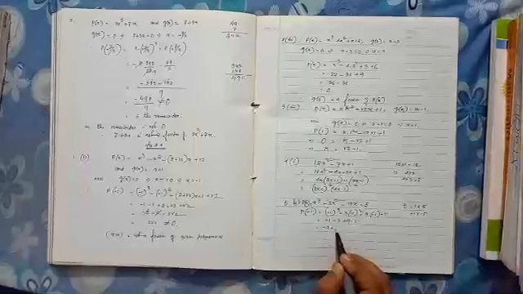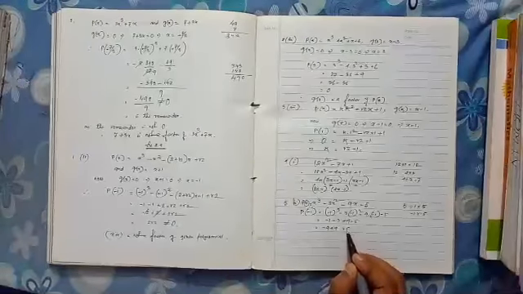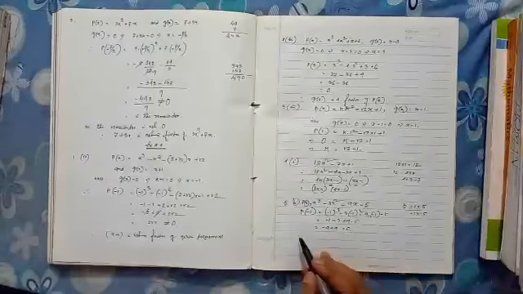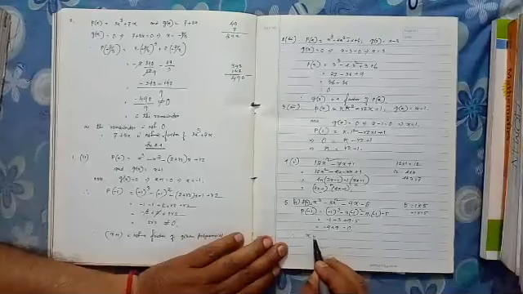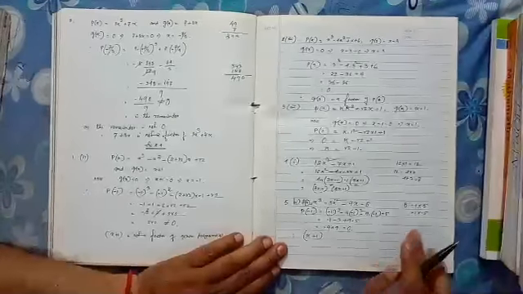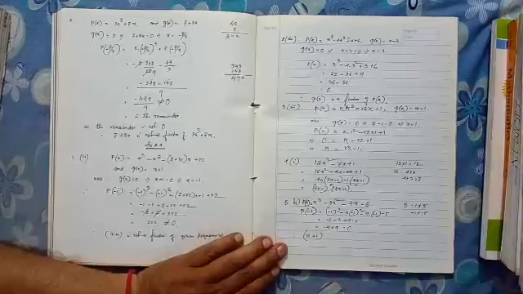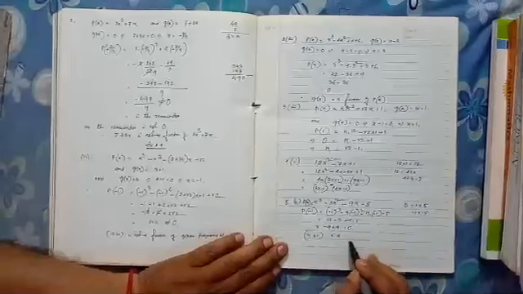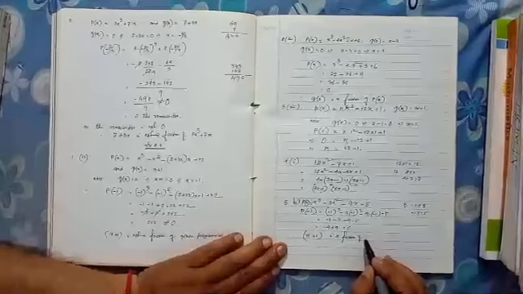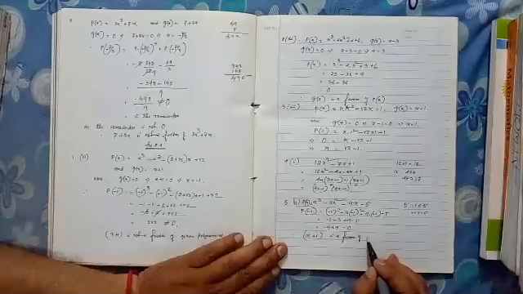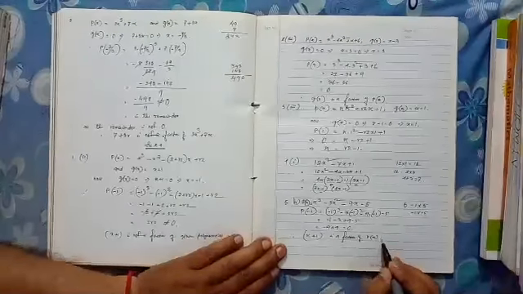So minus 9 plus 9 is equal to 0. Therefore, because the value of x is minus 1, x plus 1 is a factor of p of x.